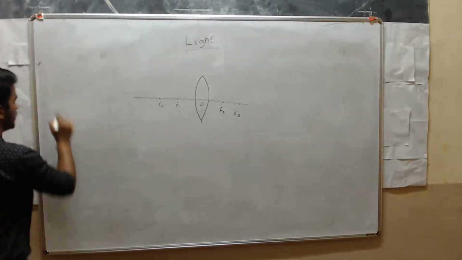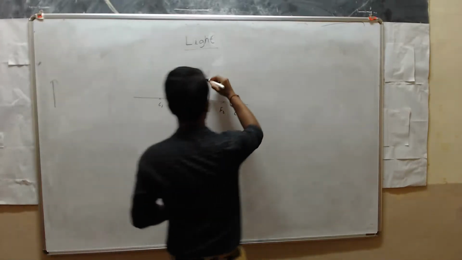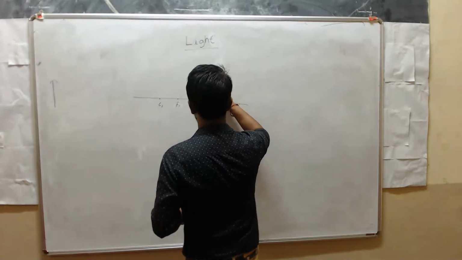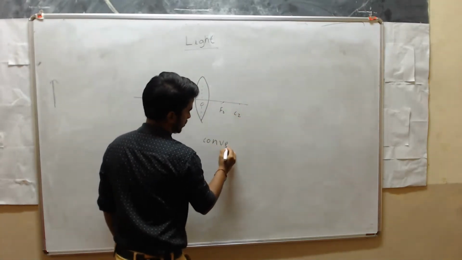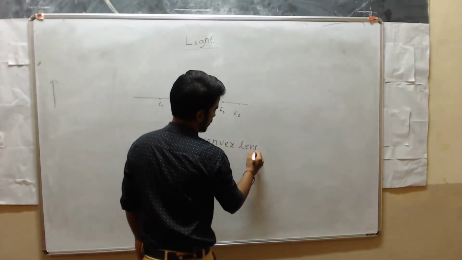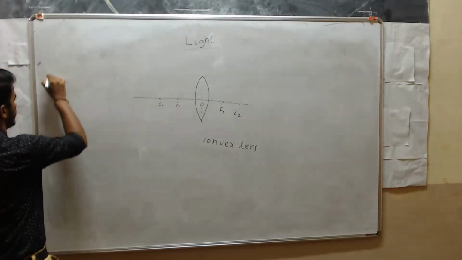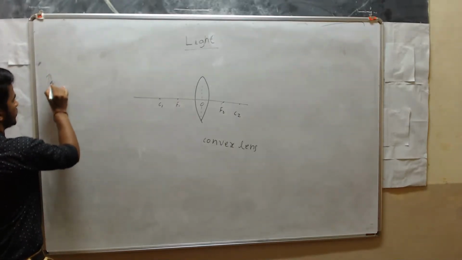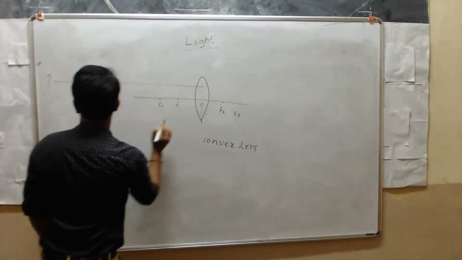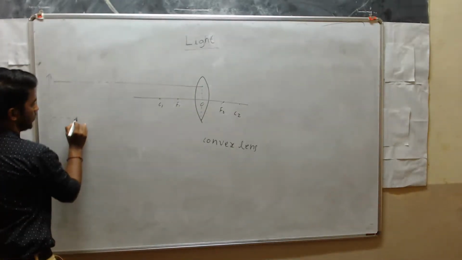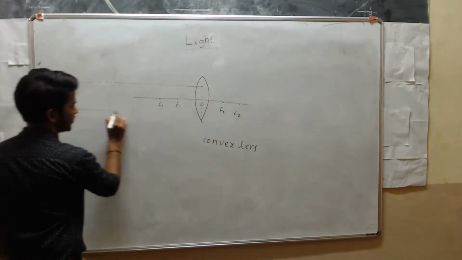First we kept the object at infinite distance. This is a convex lens. We consider two rays parallel to the principal axis.